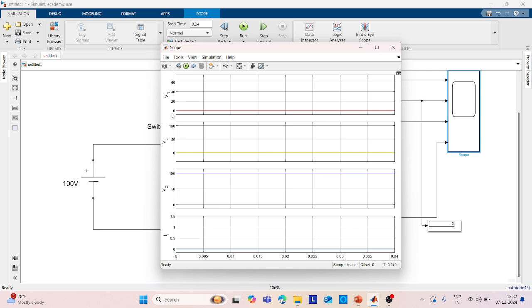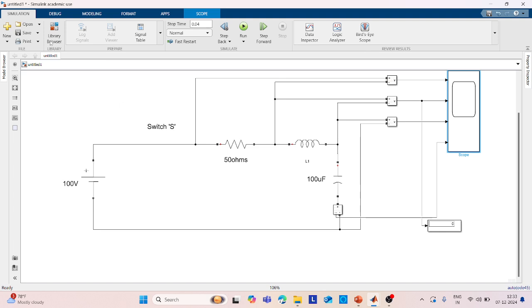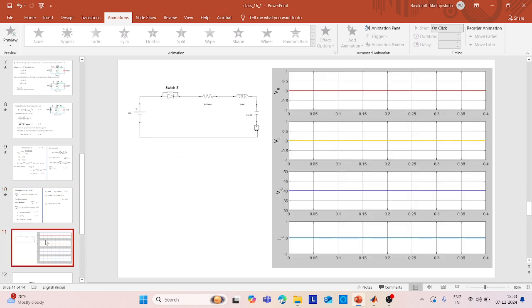You can see here voltage across resistance is 0, inductor voltage is 0, current through the circuit is also 0, whereas the voltage across the capacitor is 100. So this is the important thing that you should keep in your mind while solving the circuit. Let us go back to our PPT. What we have seen, with 40 volts, 20 ohms, is this kind of steady state conditions we have reached.